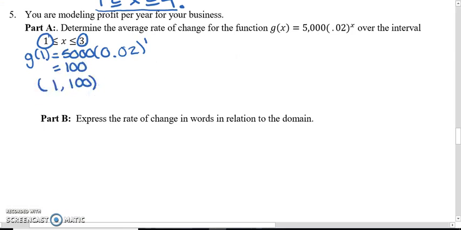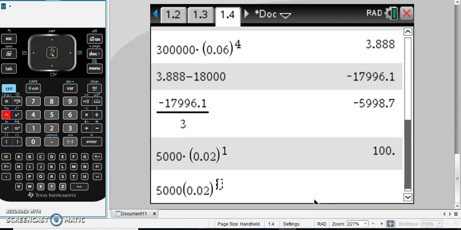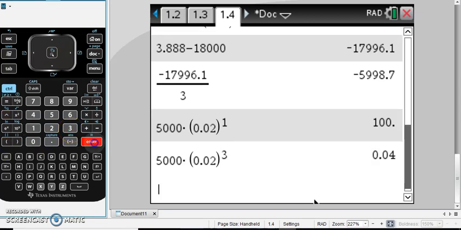We're going to repeat the same process, except I'm going to be plugging in 3. g of 3 equals 5,000 (0.02) to the third power. So again, we're going to type that right into the calculator. 5,000 (0.02), raise that to the third power.